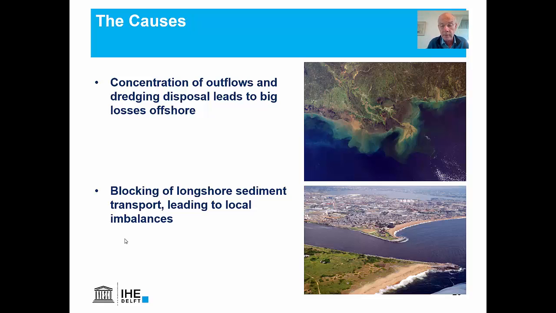And then finally, what happens a lot around the world is that, especially where ports are built, we block the longshore sediment transport. And then on one side, you see that there's an enormous accumulation of sand, and on the other side, there's a big erosion. This is the area where I just showed the swimming pool falling into the water.